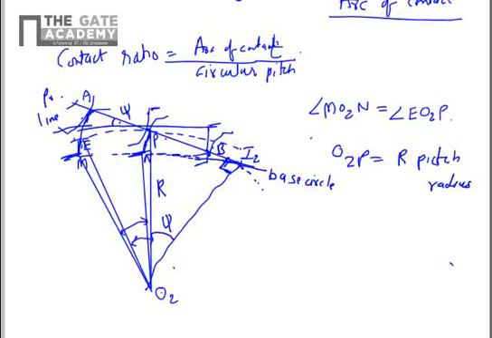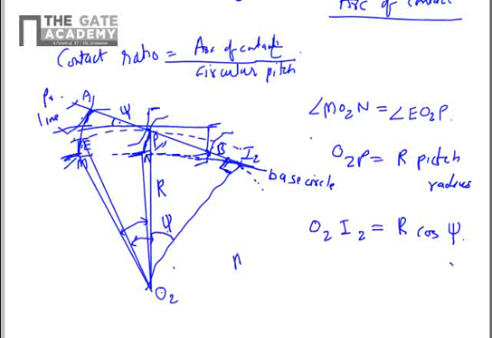Since this is xi, this will be 90 minus xi, and since this is 90 degrees, this will be xi. Simple derivation. So the distance O2 I2 will be equal to R cos xi.